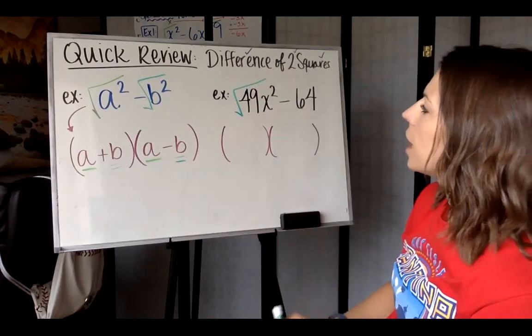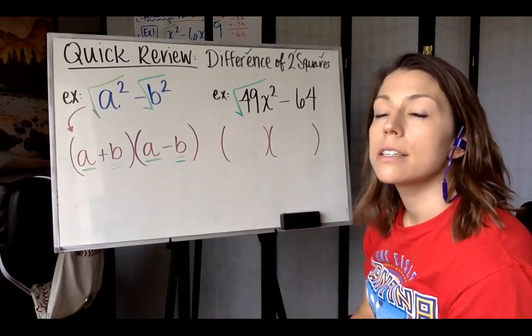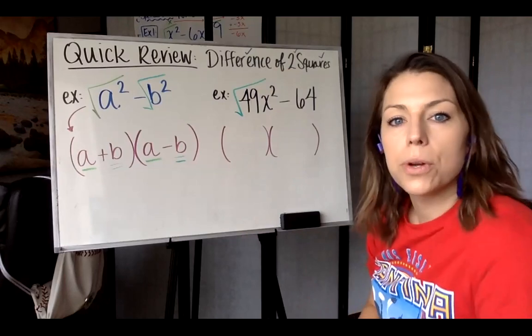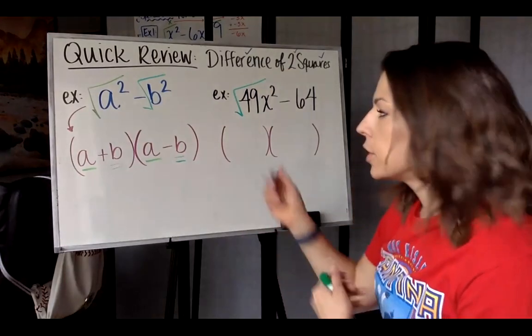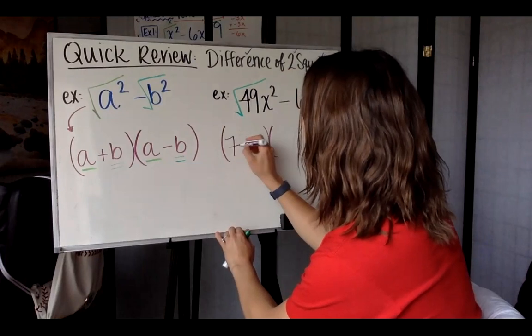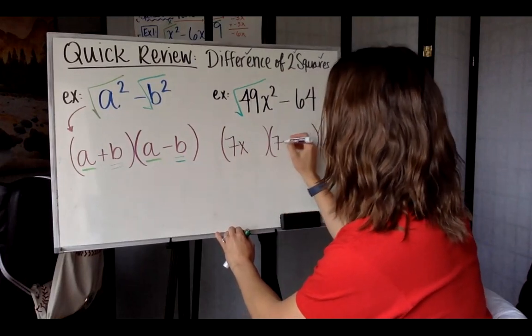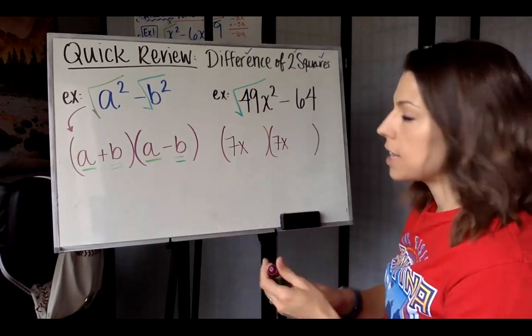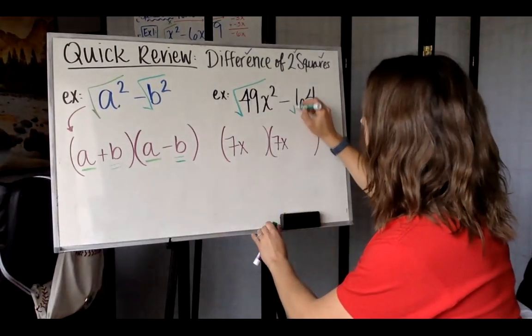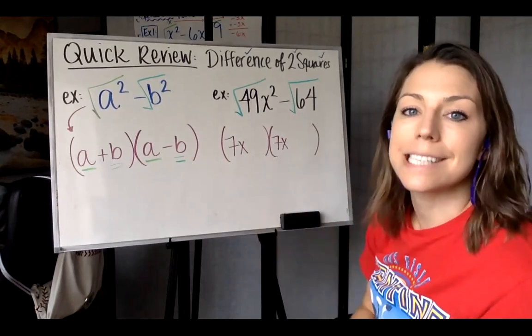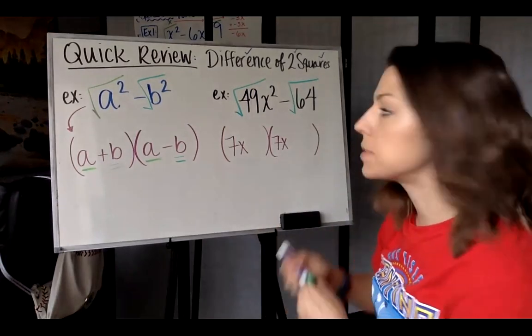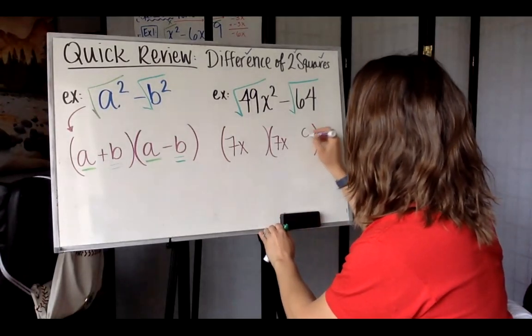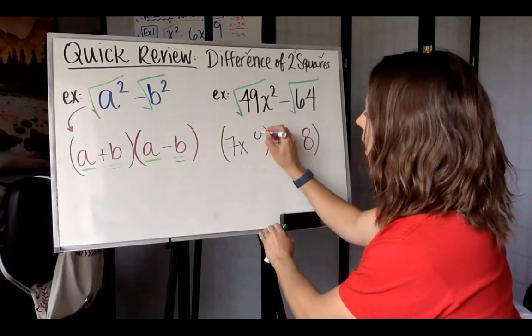What is the square root of 49? 7. And what's the square root of x squared? X. So this would be 7x times 7x. That's how you get 49x squared. Then I take the square root of the second term. What times what is 64? 8 times 8. So this is going to be 8 and 8.